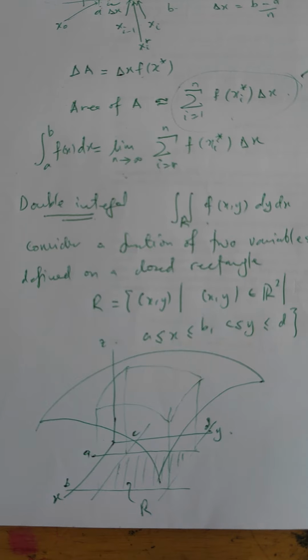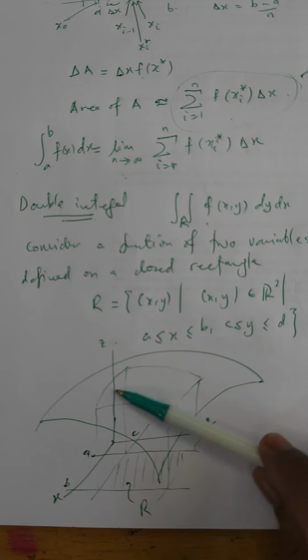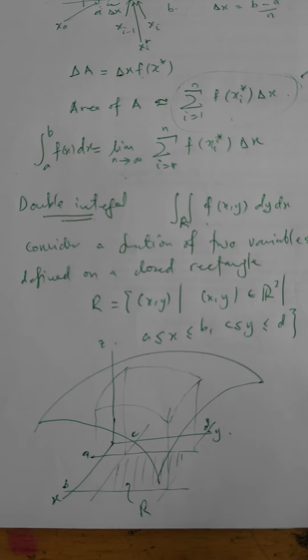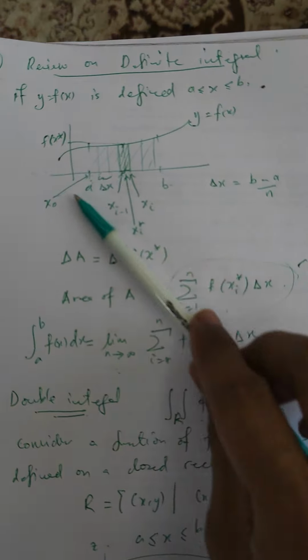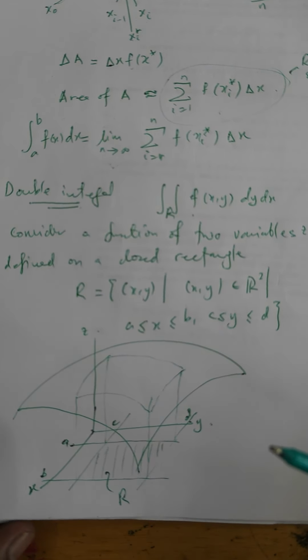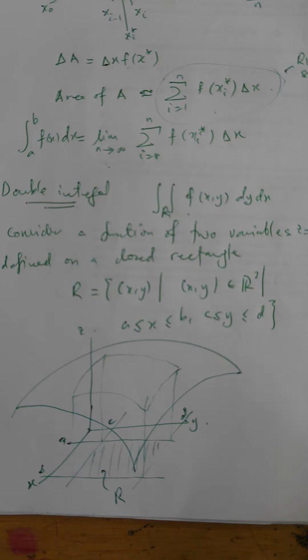That's what we have. Now, to find the volume, remember that for the single integral we have the area. For the double integral, we have the volume. That should give our volume.